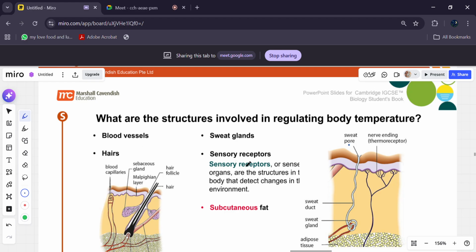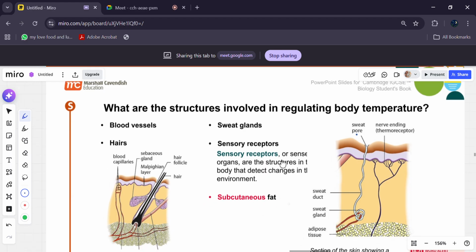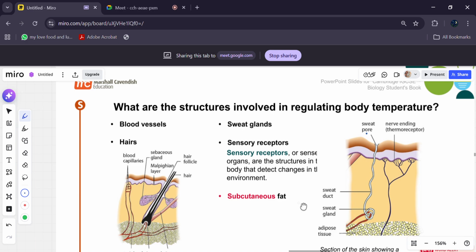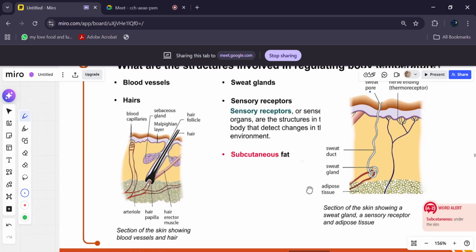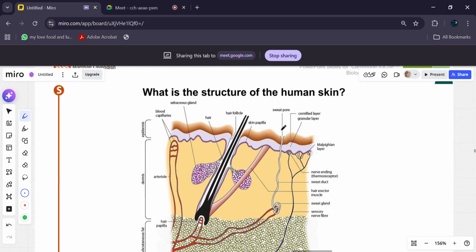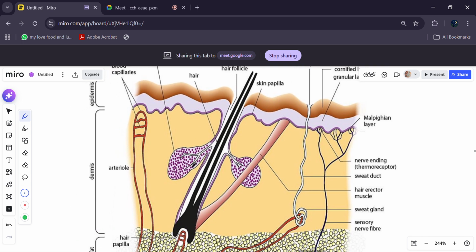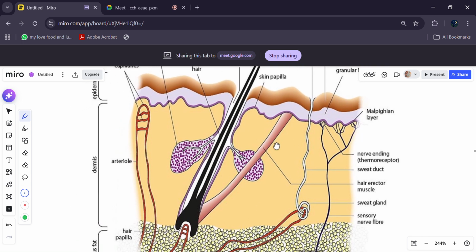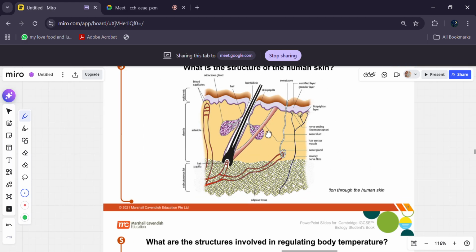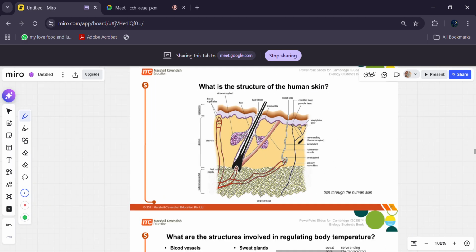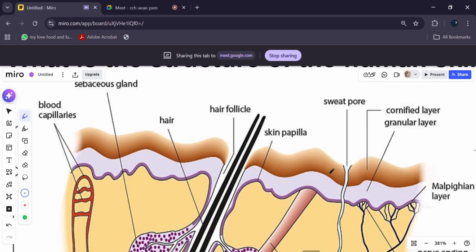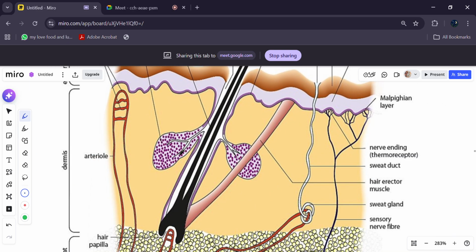Blood vessels, hairs, sweat glands, sensory receptors, and subcutaneous fat, basically fat. They all have roles in regulating body temperature. Now, as you can see here, there are many different types of structures that help build the skin, such as the hair.